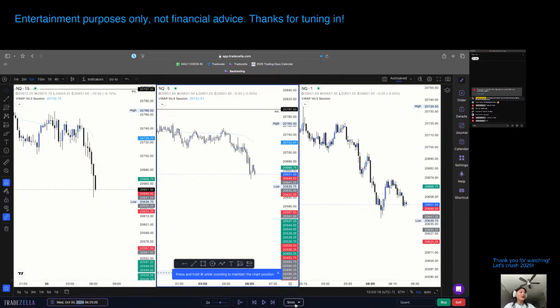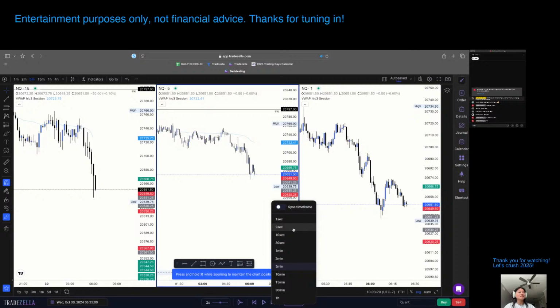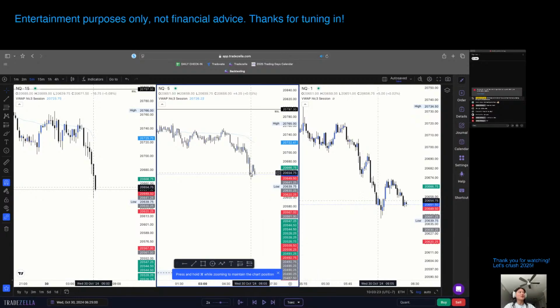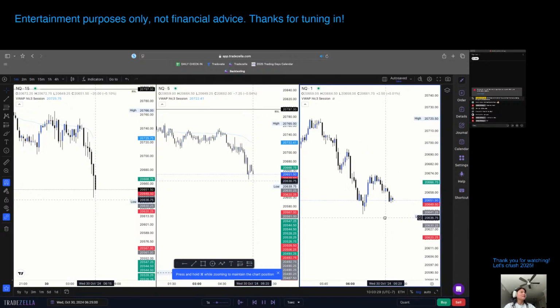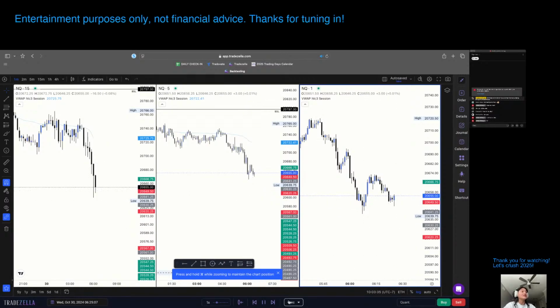On top of that, they have all of these new seconds. So while price is developing, if I just do it at regular speed on 1 second, the price is going to move every 1 second.